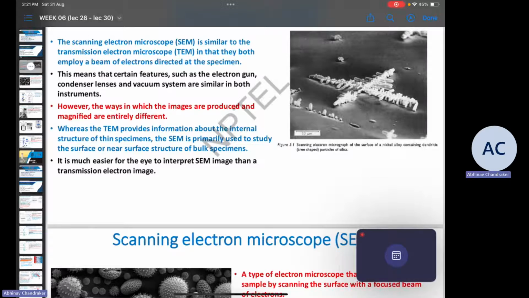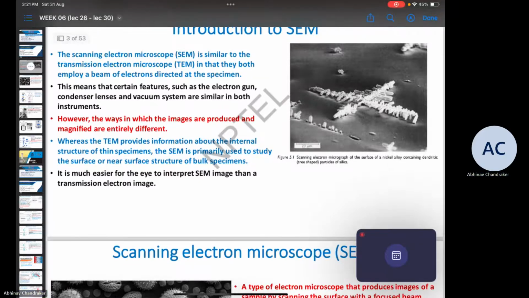Also, there are some similarities between the instrumentation of SEM and TEM. Both of them have similar components like the electron gun, which is used for generating the electrons, the lens system, such as the condenser lenses, the objective lens is also present in both, and then the vacuum system that is required for operation.